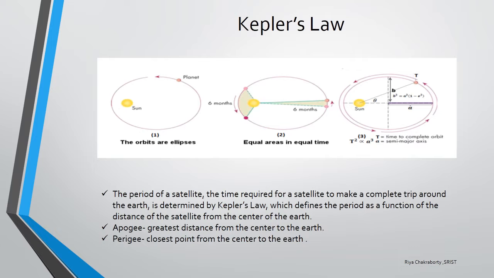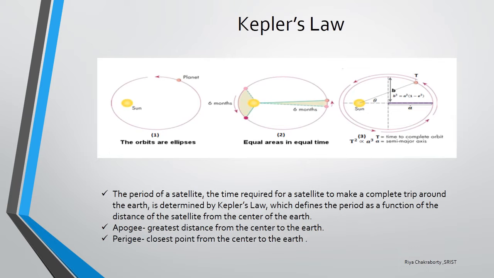And now Kepler's law. An artificial satellite needs to have an orbit, the path in which it travels around the earth. The orbit can be equatorial, inclined or polar.